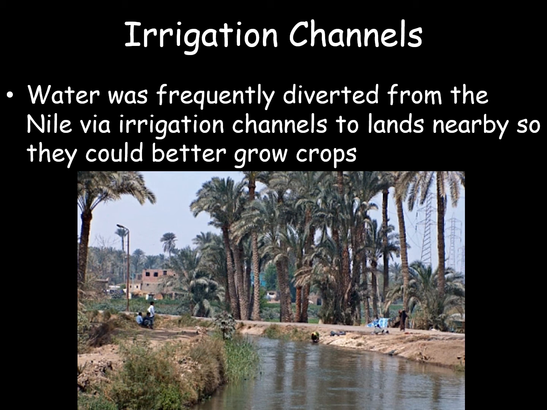The problem with that is they had a hard time always getting the water to the crops. So they diverted water from the river through what are called irrigation channels, moving the water along to the nearby lands so that they could better grow the crops.